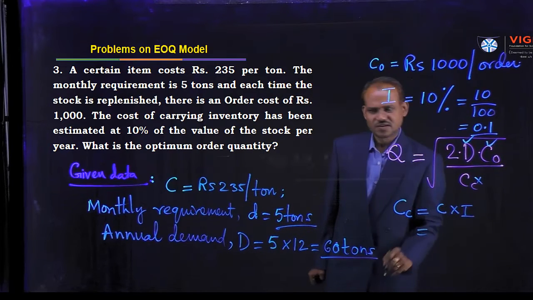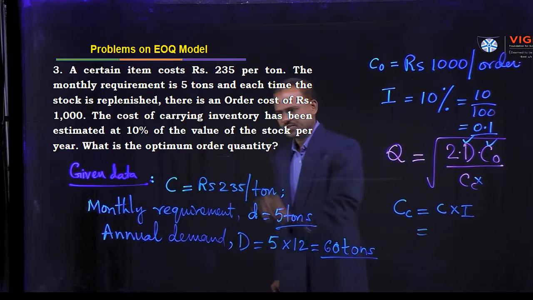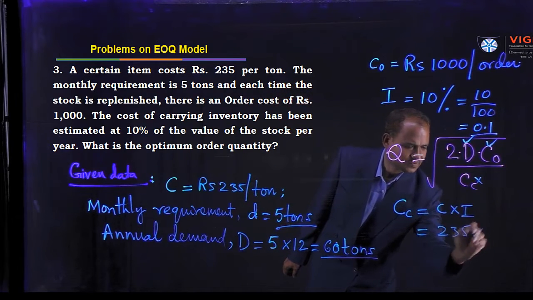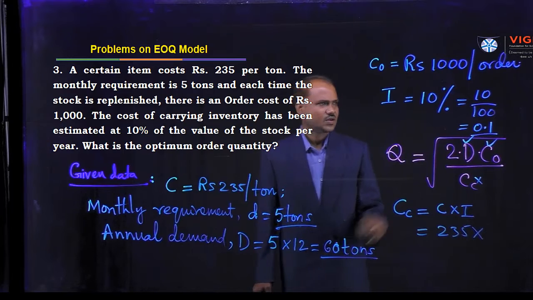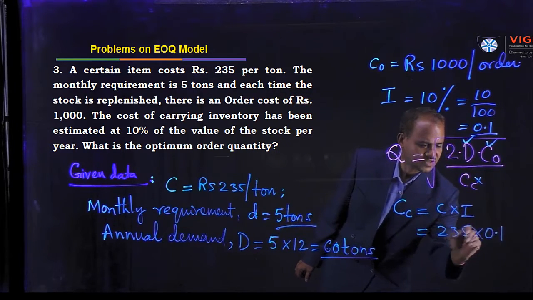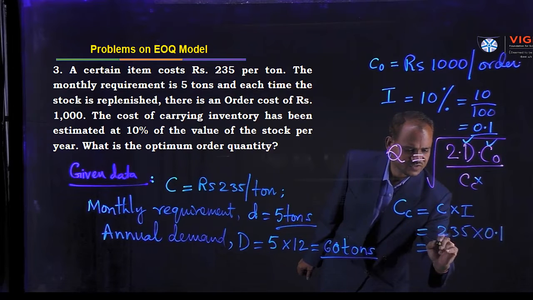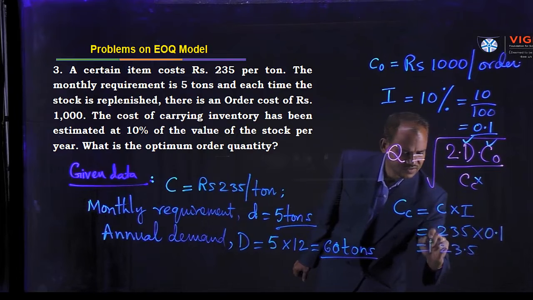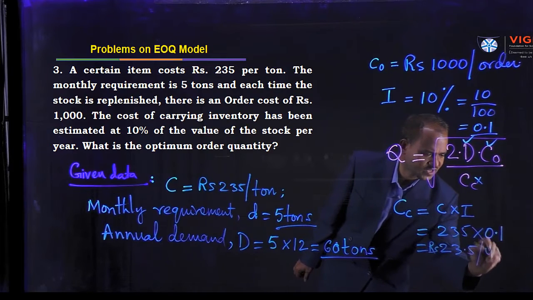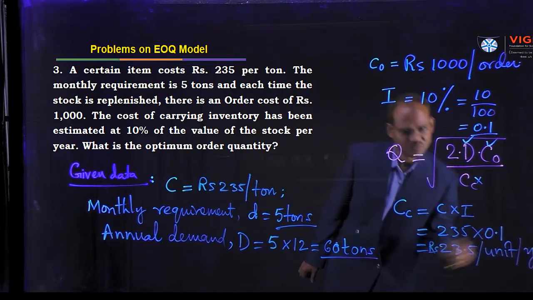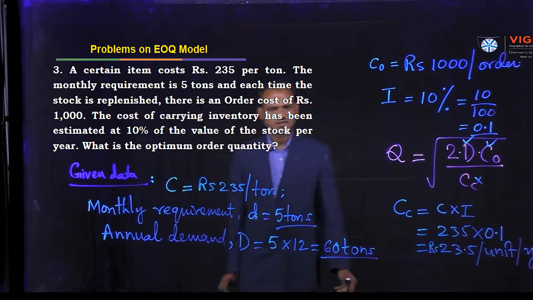Therefore, we know the C value, that is 235, into I, that means 0.1. Therefore, it becomes 23.5. This is expressed in rupees per unit per year. This is the carrying cost.